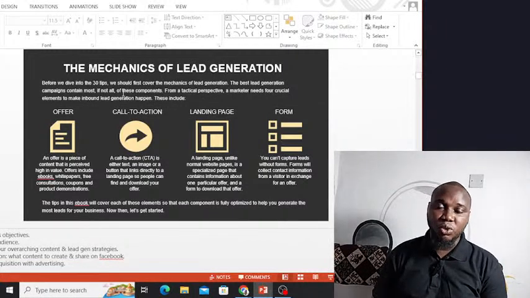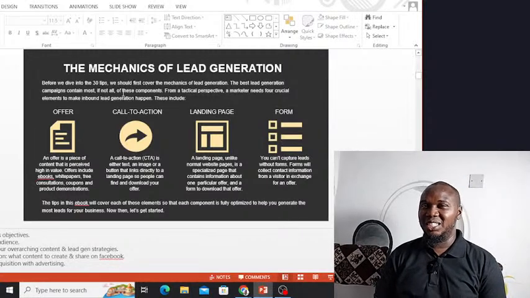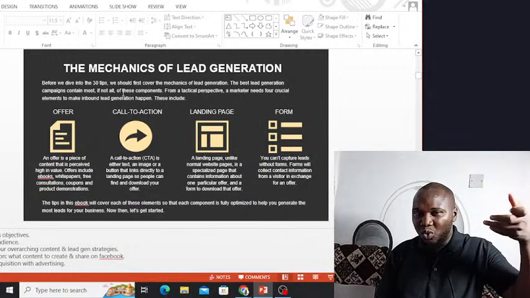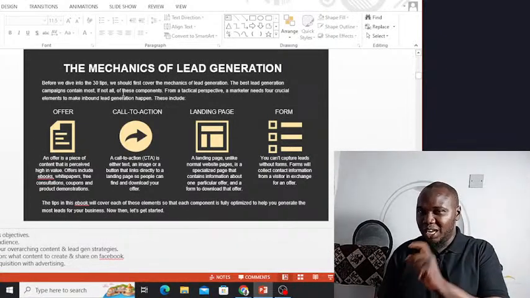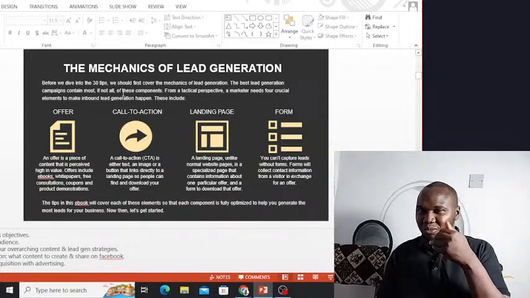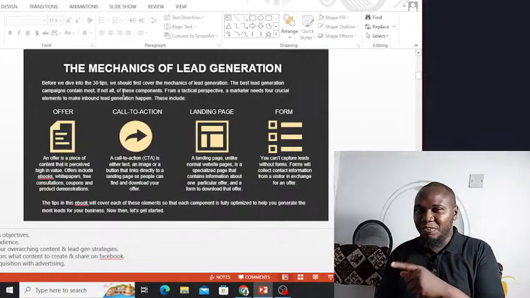So the form is where you capture the details of those who have seen your offer, who have engaged by clicking on the call to action to your landing page, and who have proven that they are interested in your offer by filling in the form.